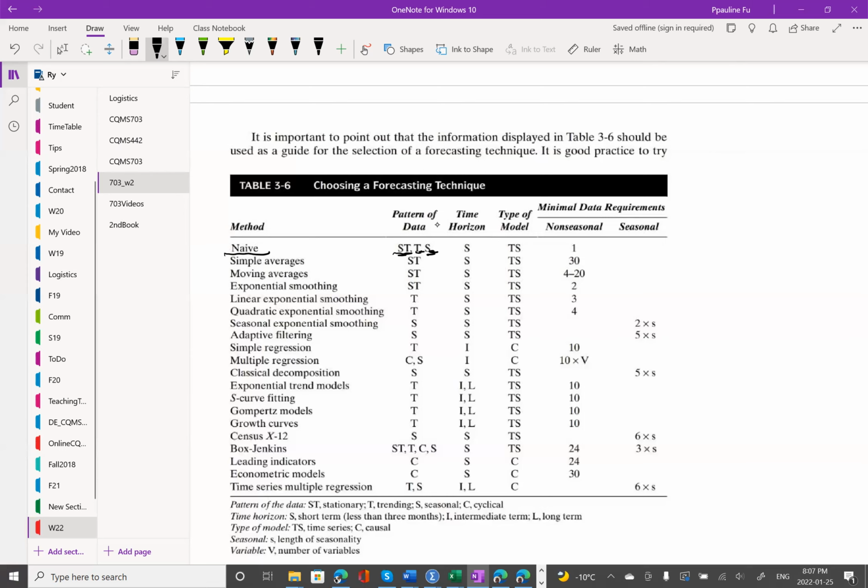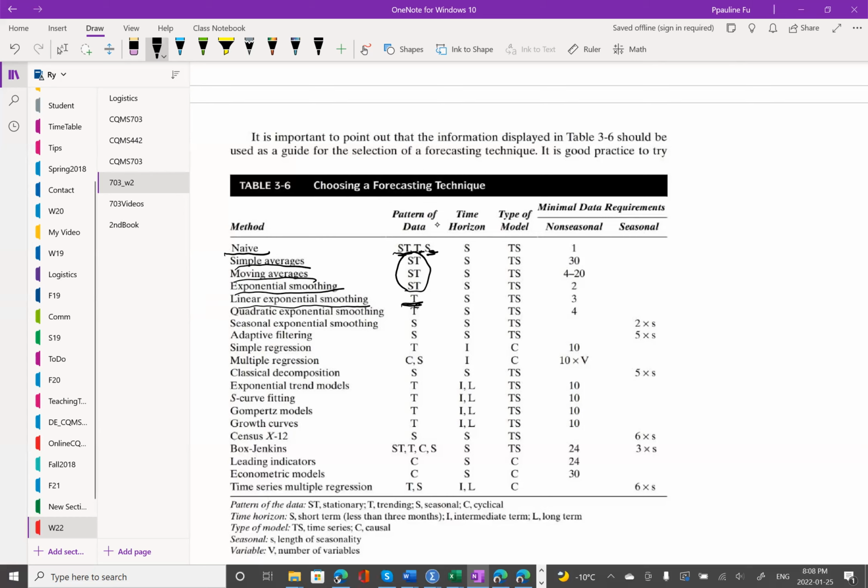And in the next chapter we are going to do simple average, moving average, exponential smoothing, etc. Those methods are actually suitable for stationary data. And linear exponential smoothing is suitable if your data has the trend.